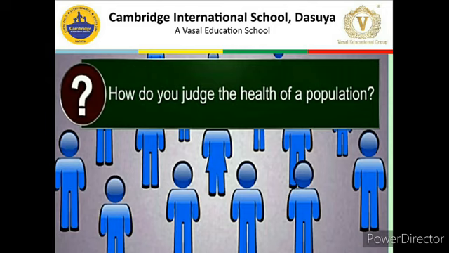Infant mortality rate refers to the death of a child under 1 year of age. This rate has declined from 146 to 70 during the same period. And if we talk about birth rate and death rate, the rates have improved.